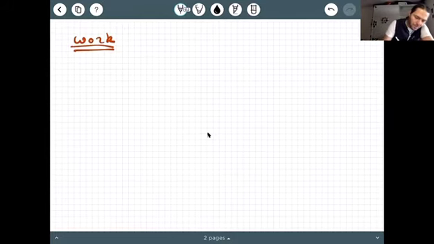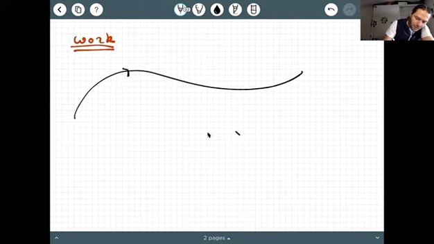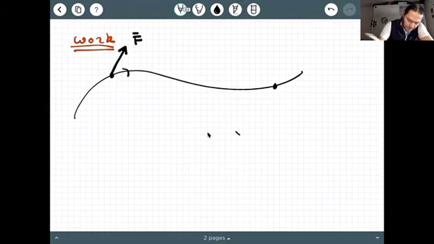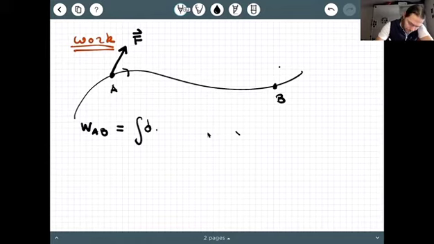Okay. So suppose you have a particle that is moving along a certain trajectory. That's the path of that particle. And let's suppose that this particle is subject to some force F. Well, the work of the force F exerted while the particle was going from A to B along this path is a function of the path, of course, and is defined as follows.